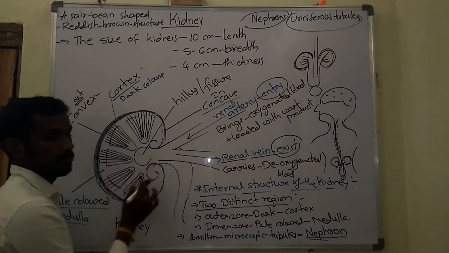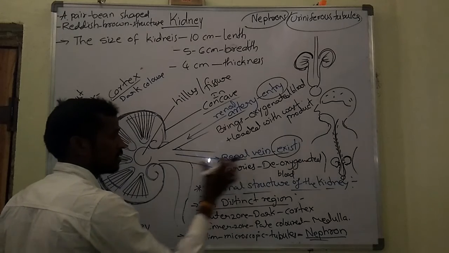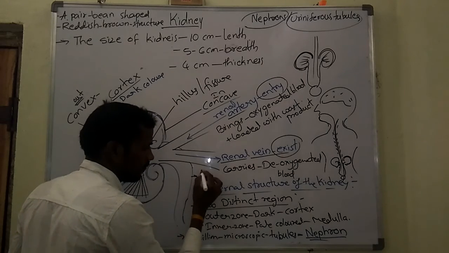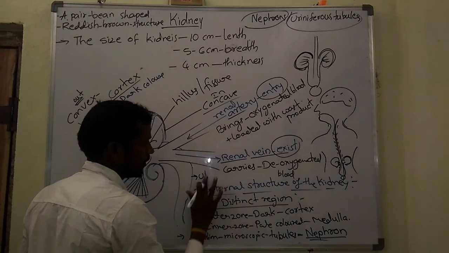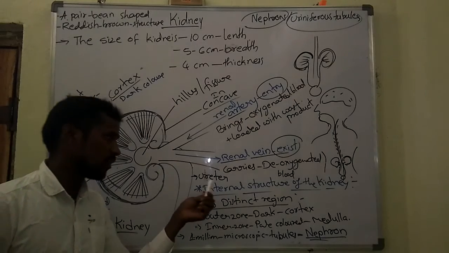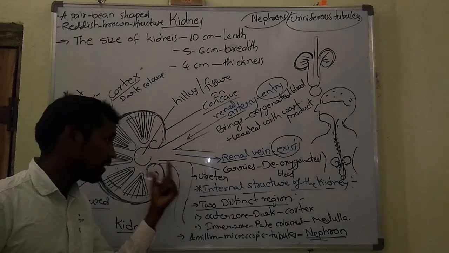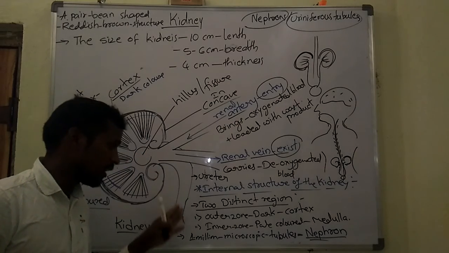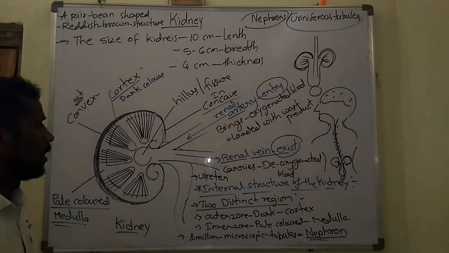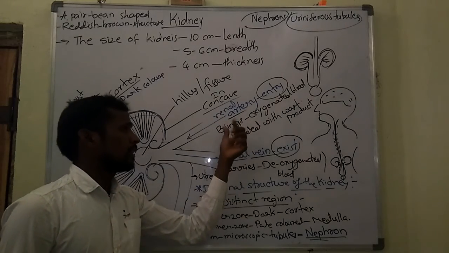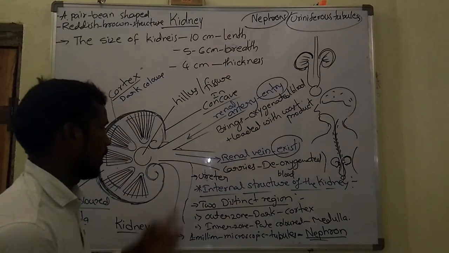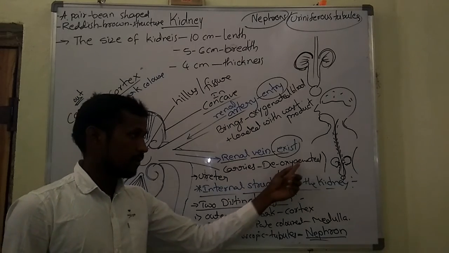Here is the ureter. The ureter carries urine from the kidneys. The renal artery brings oxygenated blood loaded with waste products from the body, and the renal vein carries deoxygenated blood.